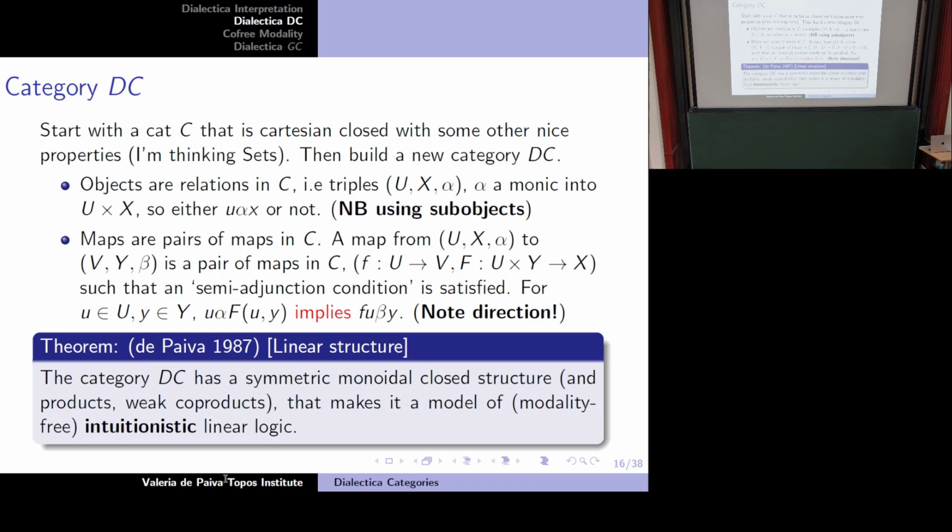But when you're trying to do that categorically, you have several different ways of saying the same thing. One of them is using monics, that means sub-objects. Another one is making maps into the object 2.